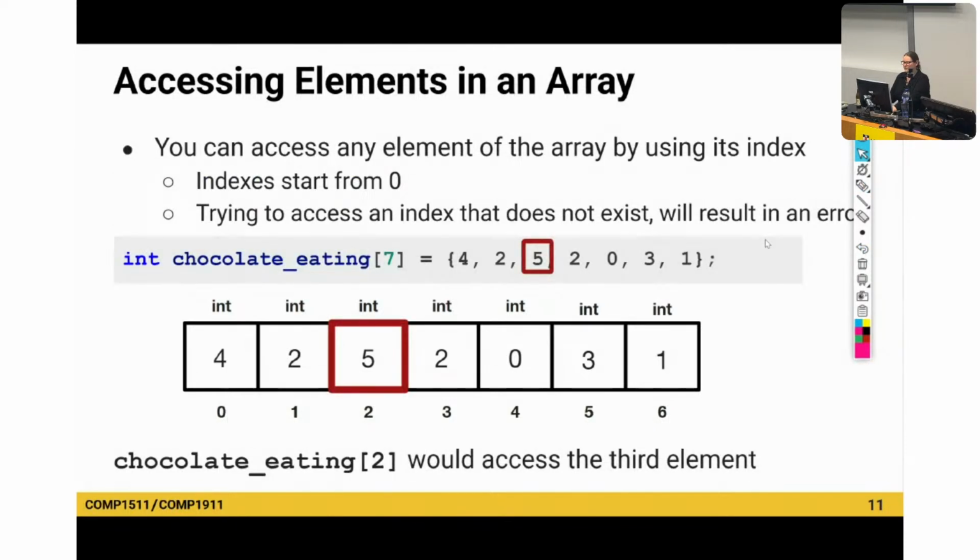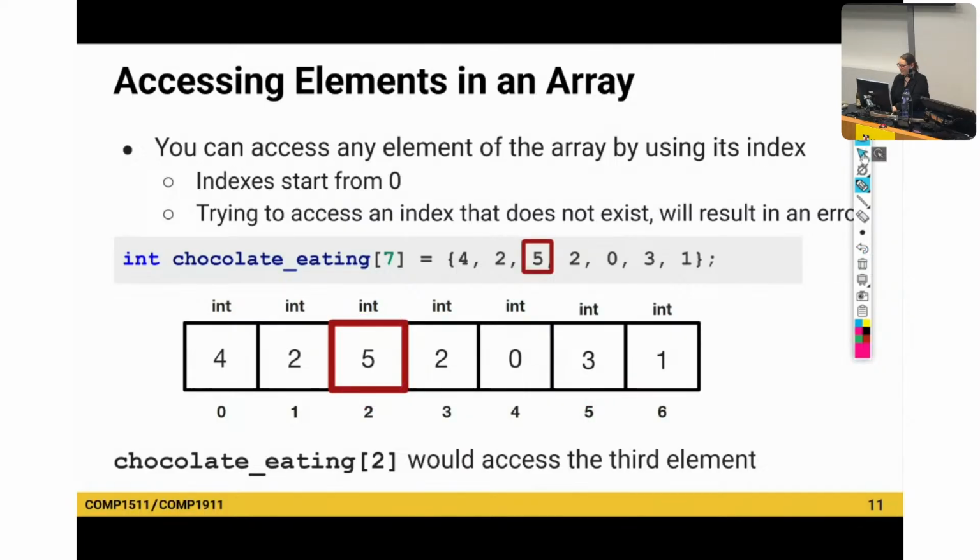So if I wanted to go to chocolate eating at index 2, that would give us this particular value, right? What if I go to chocolate eating at index 5, what do I get? Everybody? On the count of 3? Yeah, 3. Very good.